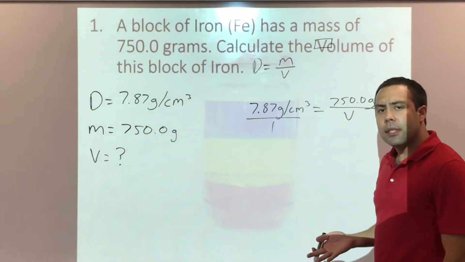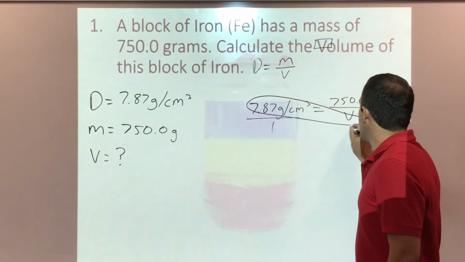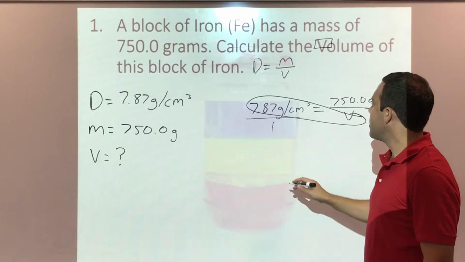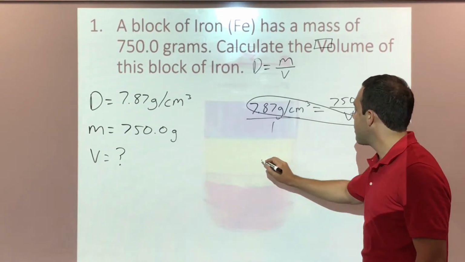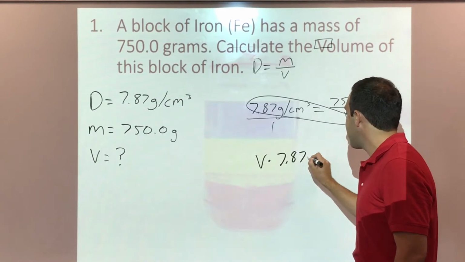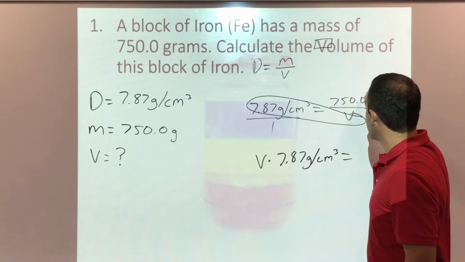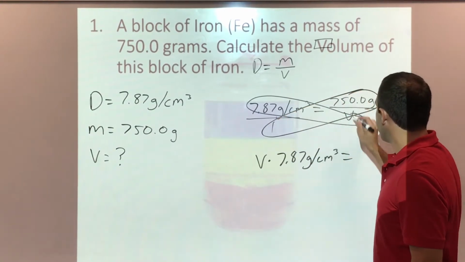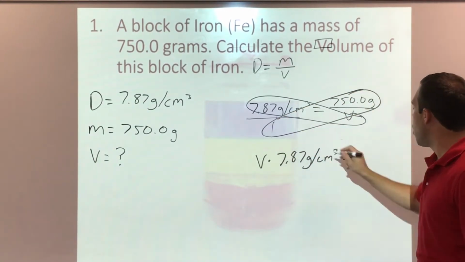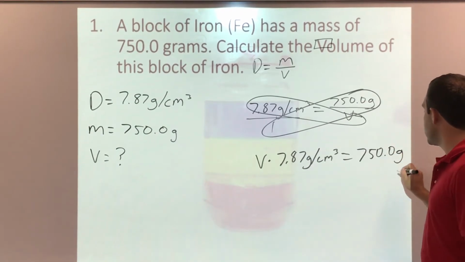The next step is we're going to have to cross multiply. So we do V times 7.87 grams per cubic centimeter equals 750.0 times 1. So it leaves us with 750.0 grams.